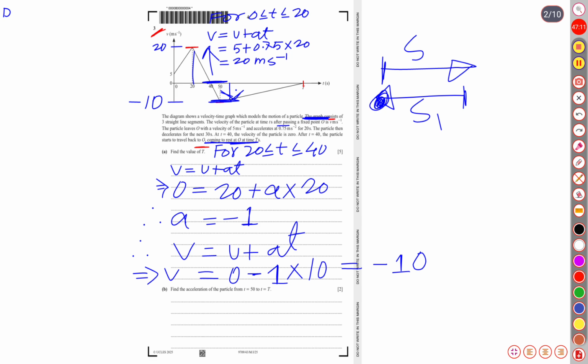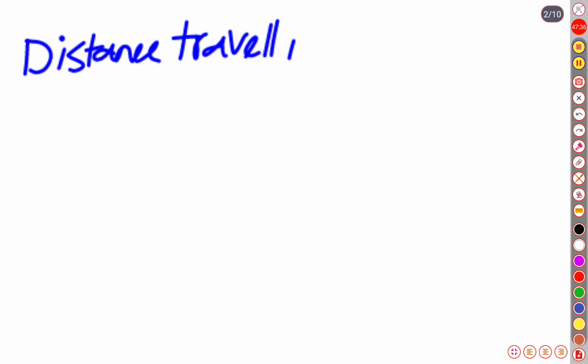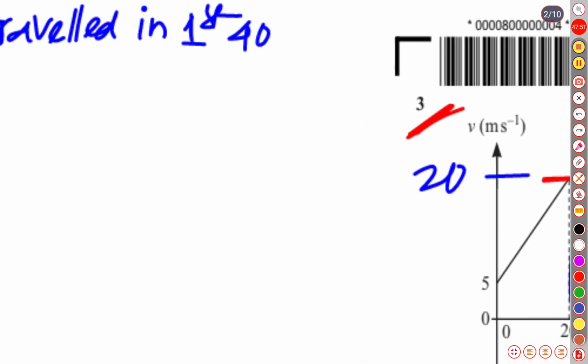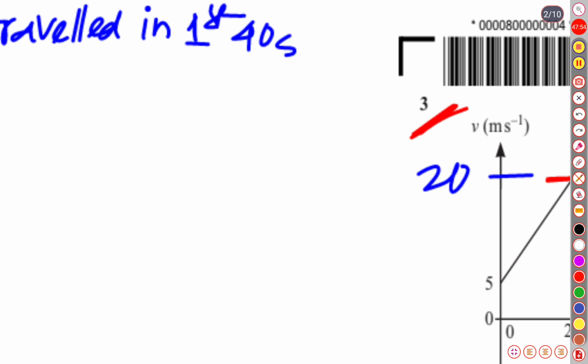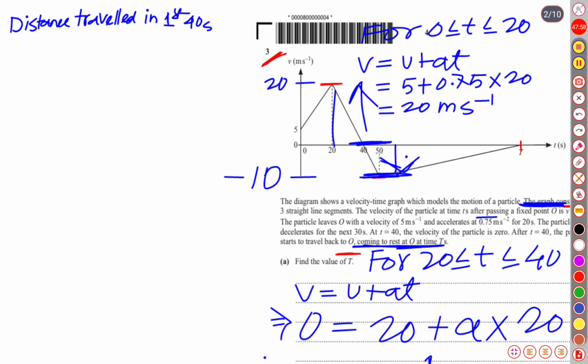So we are going to apply the concept that the distance traveled in the first 40 seconds must be equal to the distance traveled in the remaining time.